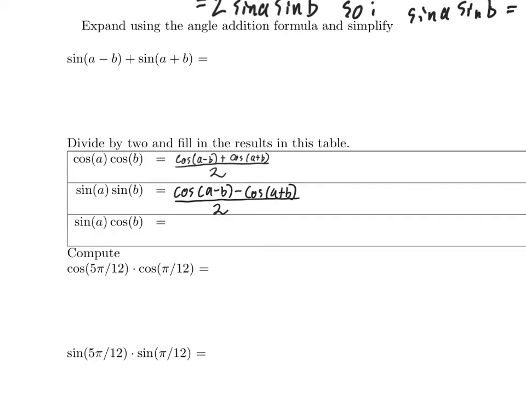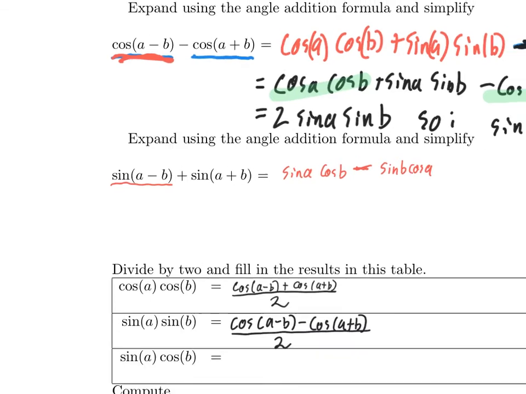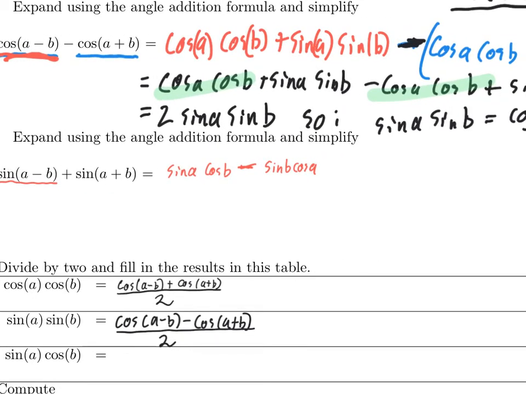Similarly, you could write out what the sine of A minus B plus the sine of A plus B is, using the angle addition and subtraction formula for sine. Sine of A minus B, using the same color coding, is sine A cosine B minus sine B cosine A. Or maybe I wrote it previously as cosine A sine B, but that's the same.